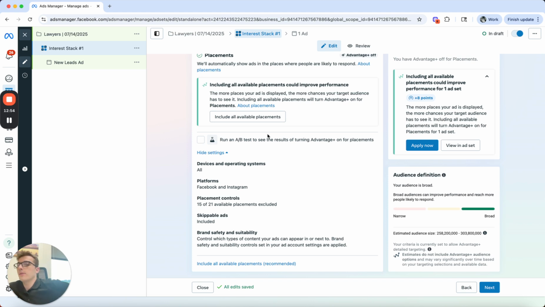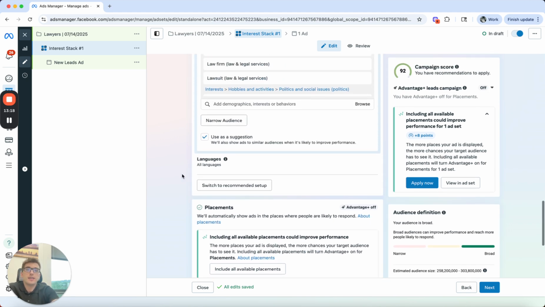And if you do leave it on, Facebook's not going to spend a bunch of money there, but if you're spending $3,000 a month and it puts $300 towards anywhere that isn't that, that's still a huge waste of money, and you could have gotten maybe 5 extra leads for that, right? So I always turn those off, and I only have it in those 6 places.